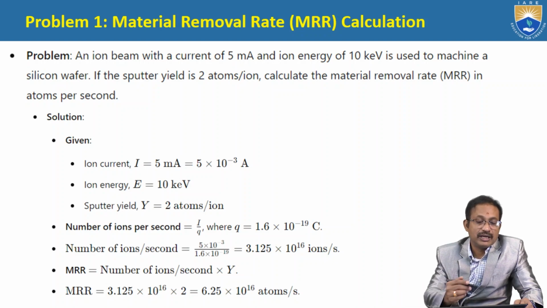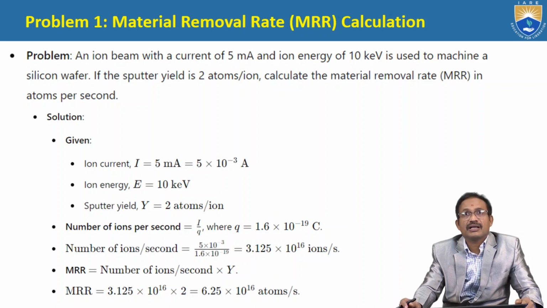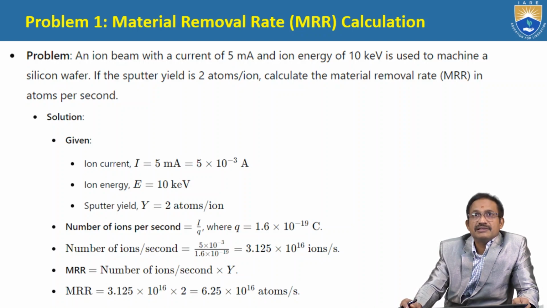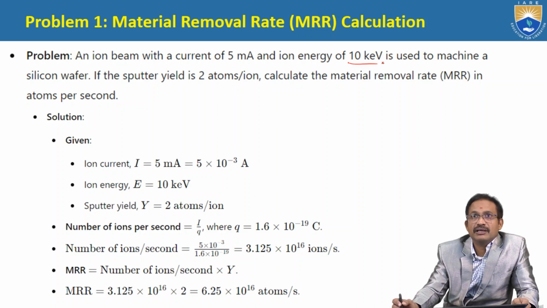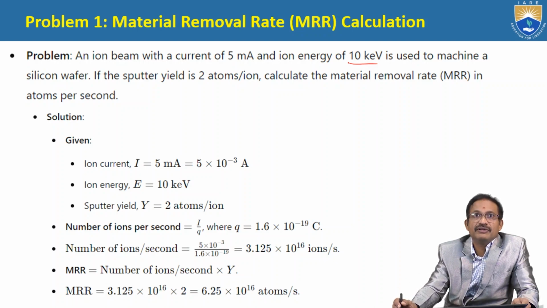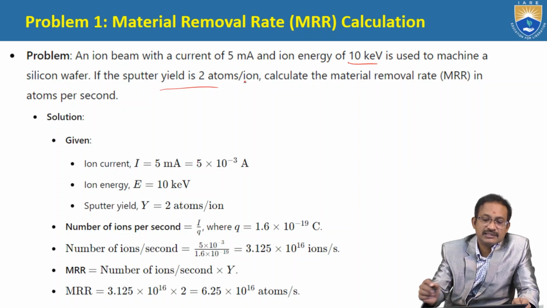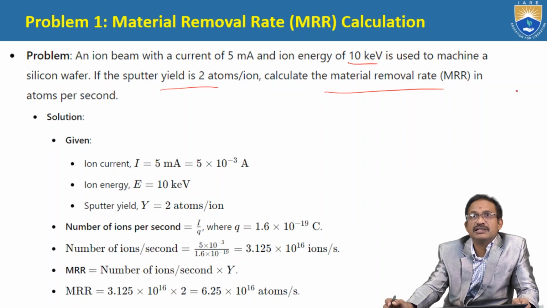Problem number 1: An ion beam with a current of 5 milliamperes and ion energy of 10 keV (EV means electron volts) is used to machine a silicon wafer. If the sputter yield is 2 atoms per ion, calculate the material removal rate in atoms per second.